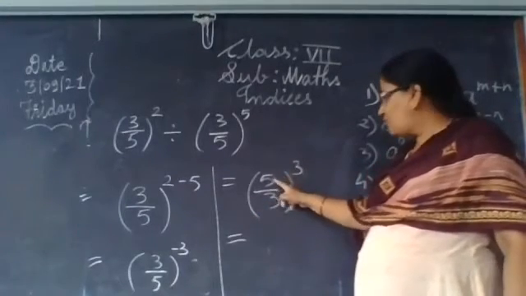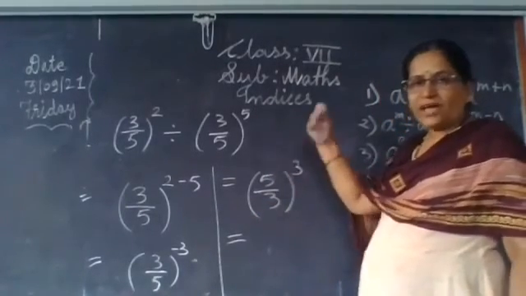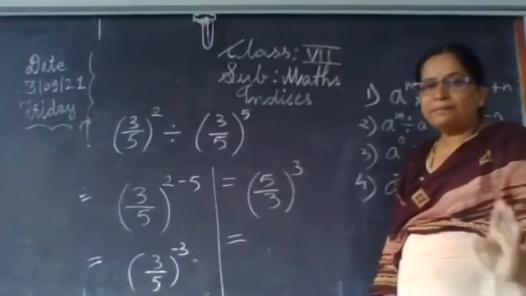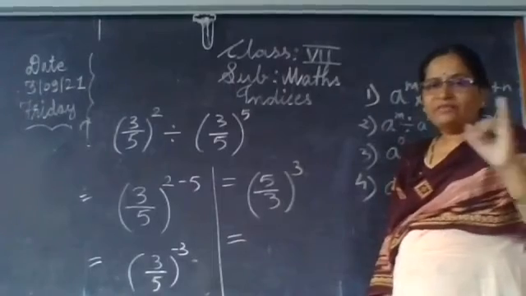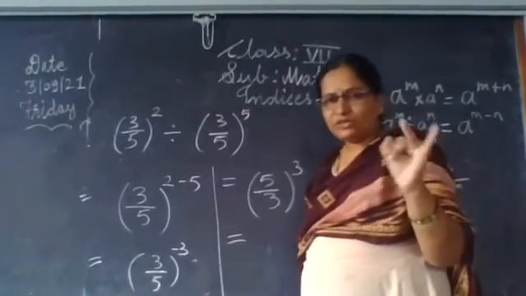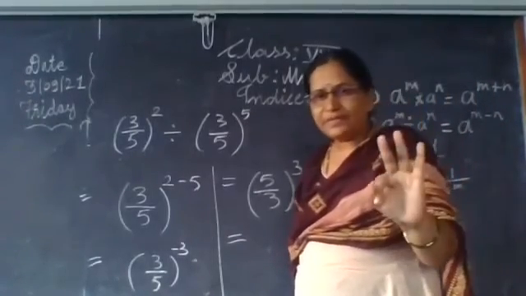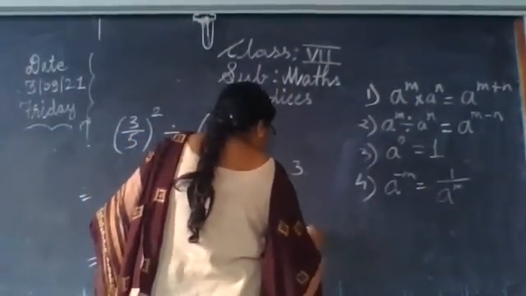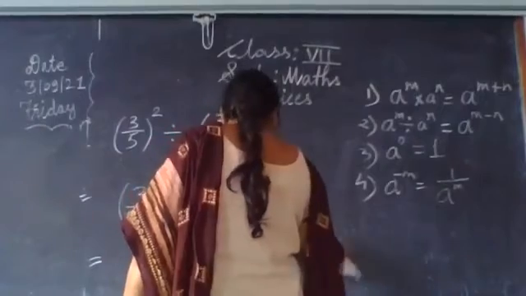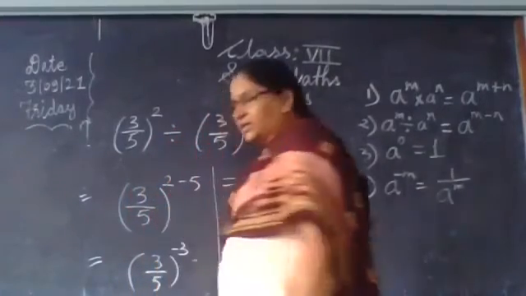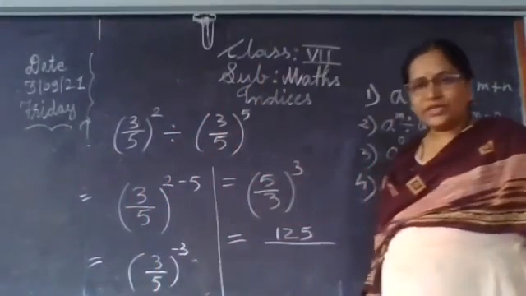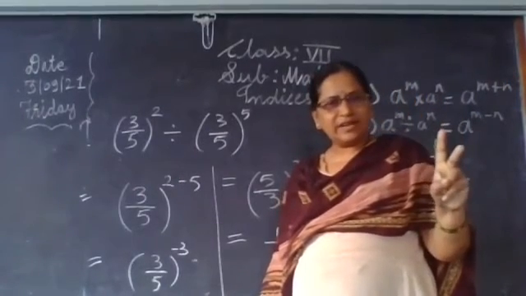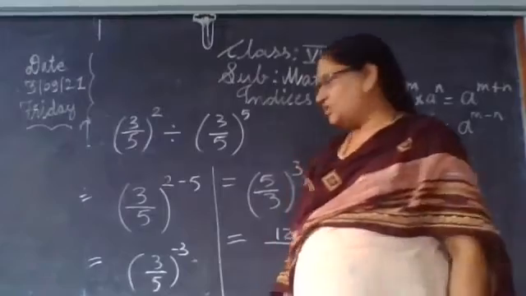So it will distribute for 5 and 3. Means it is 5 cube and 3 cube. So what is 5 cube? Means you have to multiply the 5 three times. 5 ones are 5, 5 fives are 25 and 25 fives are 125. This cube is also for 3. 3 ones are 3, 3 threes are 9, 9 threes are 27.